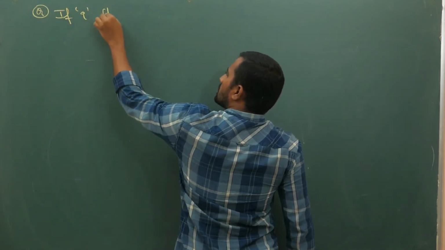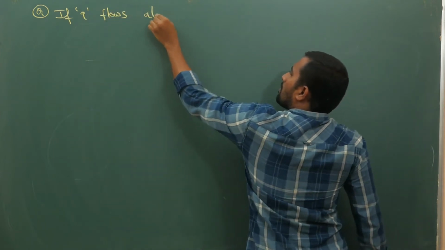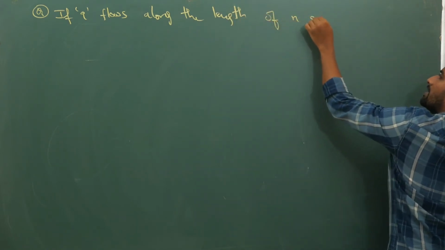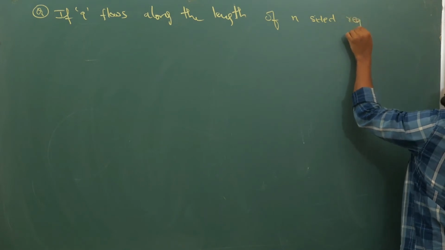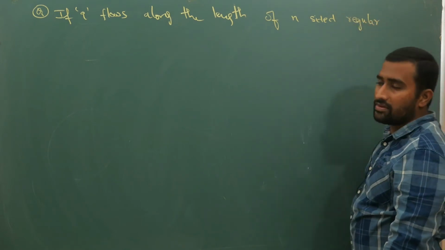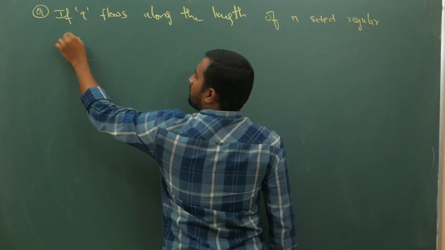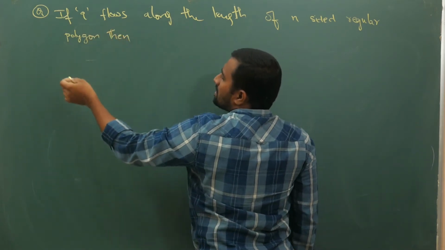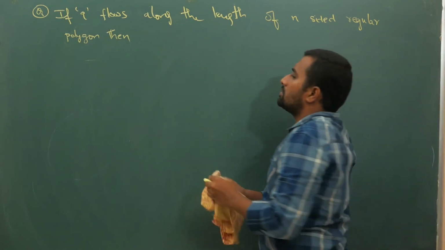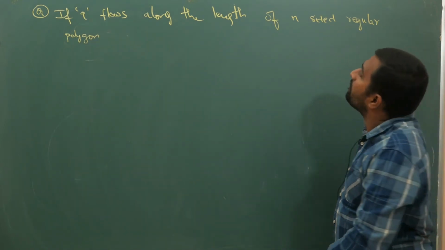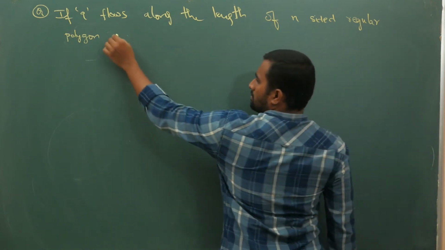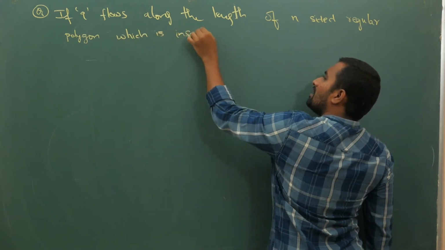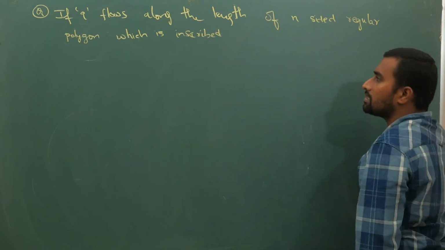If I flows along the length of an n-sided regular polygon which is inscribed in a circle, I forgot, I should have written it. Even if it is not inscribed, the result is not going to change.